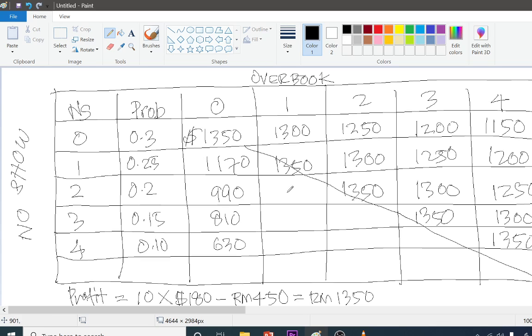So for 1 overbook, 2 no show, this will become 1170, 990, 810, right? And this is also the same, 1350, this is 1170, and this is 990. This one, 3 overbook, 4 no show, will become 1170 here.